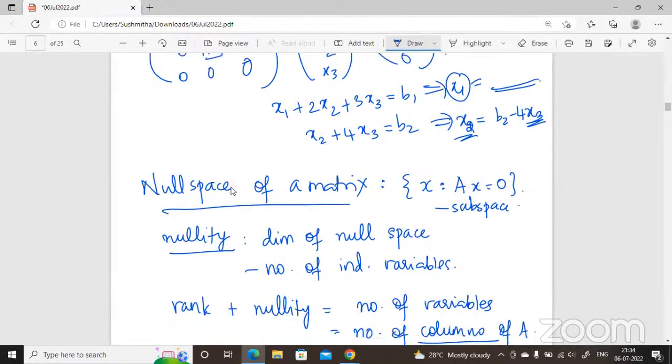So null space is defined as AX is equal to 0. Yeah, the set of all solutions of AX is equal to 0. That's all. But that's a homogeneous system, isn't it? Yeah. So any homogeneous system is a null space actually? Null space of what?